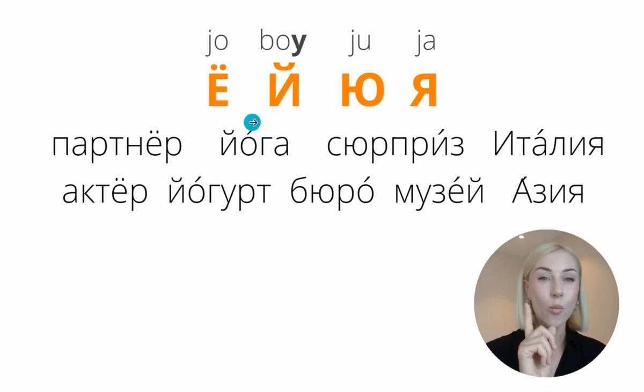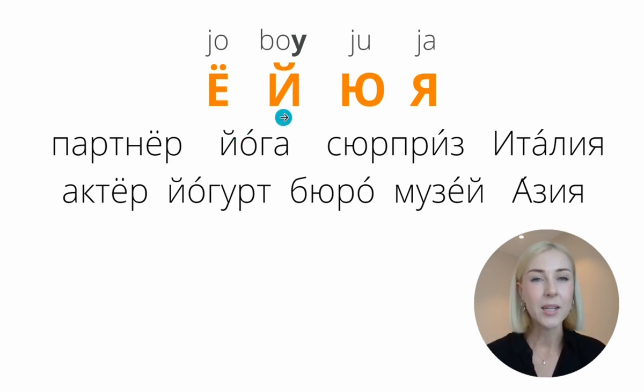Here we have only one consonant. This consonant is this one. It is a soft consonant. You have to remember this. It is a consonant. It's not a vowel. Vowels are yo, you, ya. So again, in this line, we have only one consonant. This one. The rest of the letters are vowels.